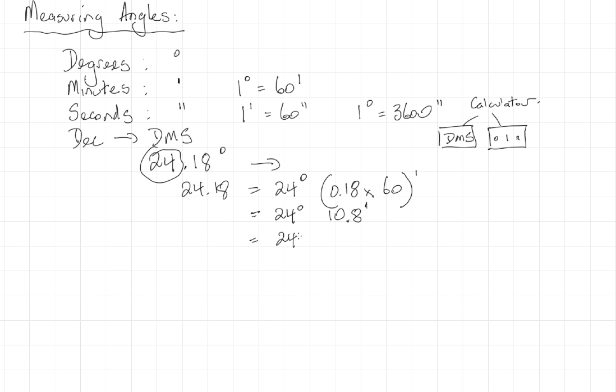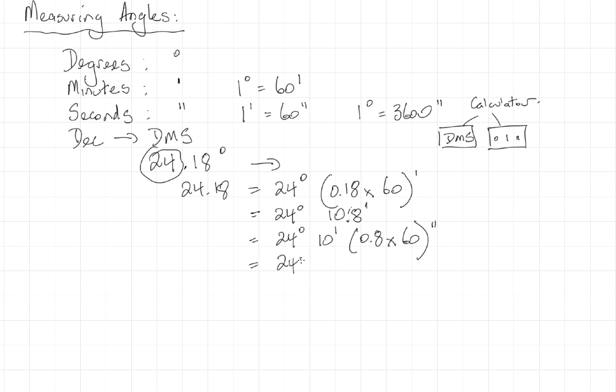So it'll be 24 degrees. This is the whole part of the minute. And then 0.8, that is the decimal fraction of a whole minute. Multiply that by 60, and that will be the number of seconds.